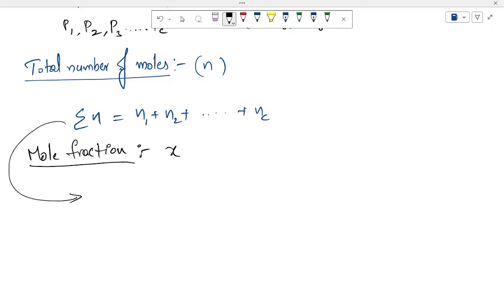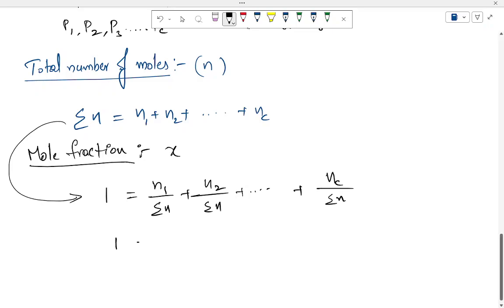If I take it onto the right hand side and write 1 here, what I will get is n1 by sigma n plus n2 by sigma n plus so on plus nc by sigma n. So 1 is equal to this sum, n1 by sigma n I will call x1, and n2 by sigma n I will call x2. Similarly, I will call the remaining ones, and this will become my xc.